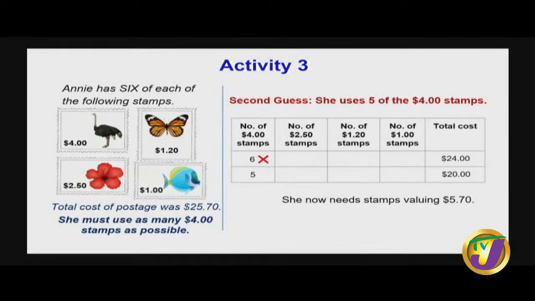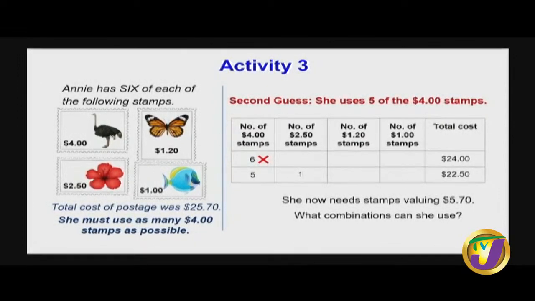Let's bring in our 1 and see where we are with our total. All right, we're at $22.50. But I noticed you said that she can't use 2. Why? Because she needed $5.70, and if she used 2, that would be $5, and we don't have any 70 cent stamps.